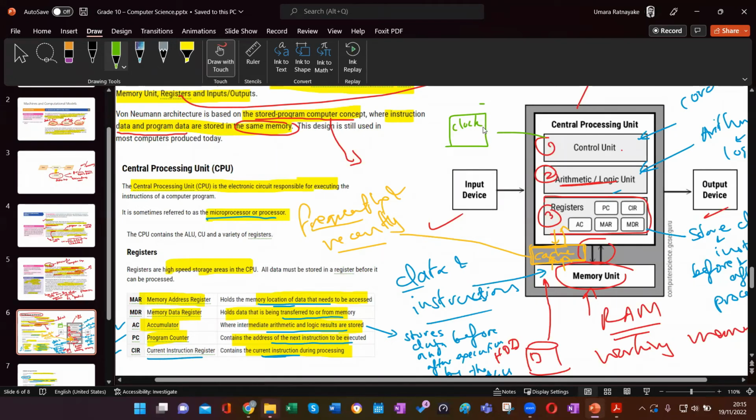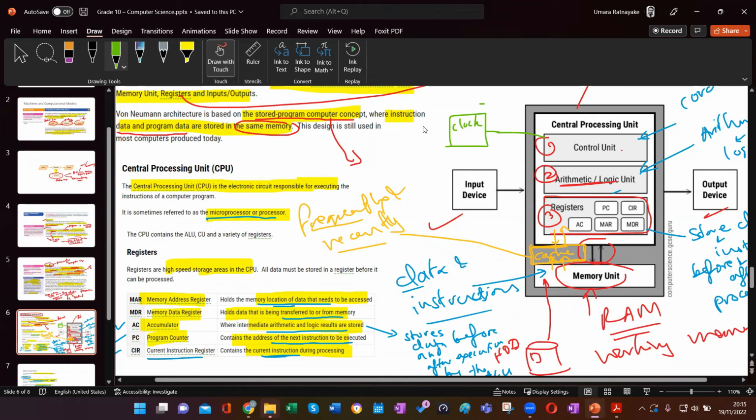If they have drawn a line connecting this box to one of these, this has to be the control unit, not the ALU, and this can be the ALU. So be careful when you are selecting control unit and arithmetic and logic unit. Check whether they have drawn a clock unit as well.